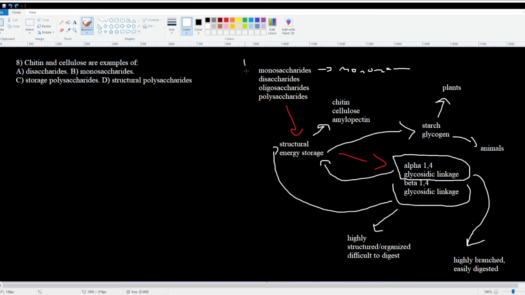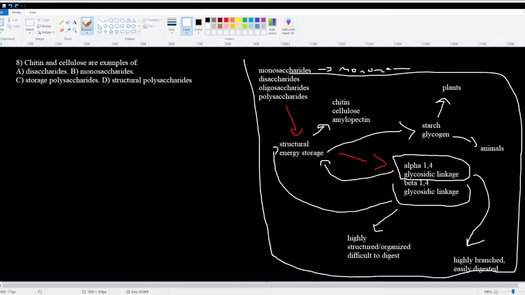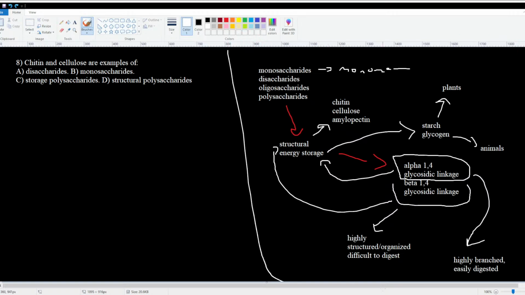So this can be considered your sugar cheat sheet, so to say. Refer to this if you're ever confused about sugars or polysaccharides more specifically. So going back to question 8, chitin and cellulose are examples of D, structural polysaccharides.